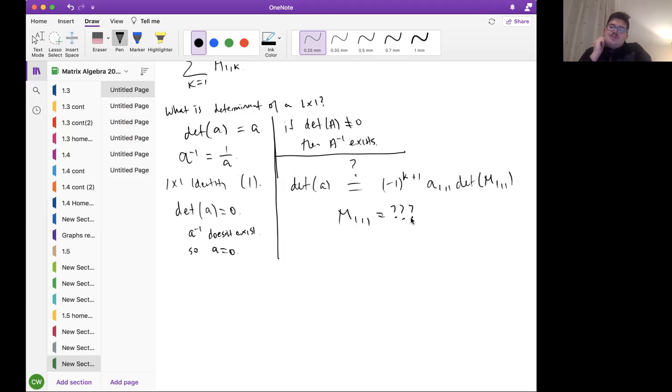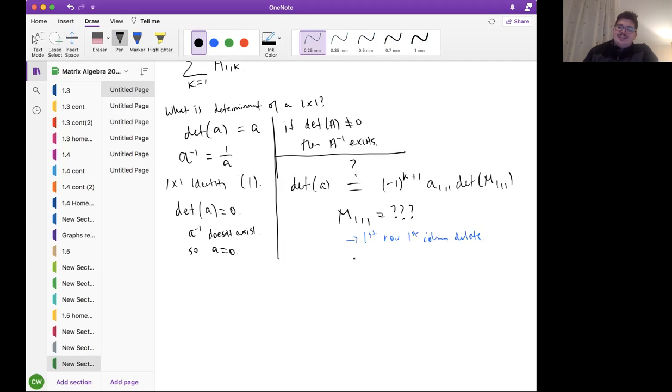Yeah, how do we describe the big M? What's the construction of the big M? Right, so first row, first column, delete. But then we have an empty matrix.